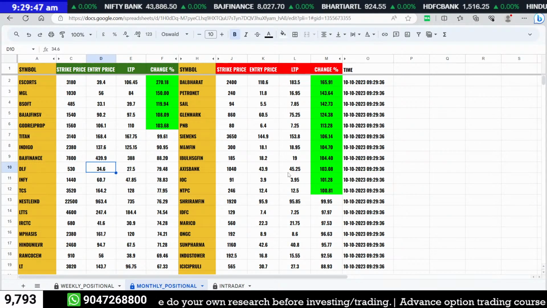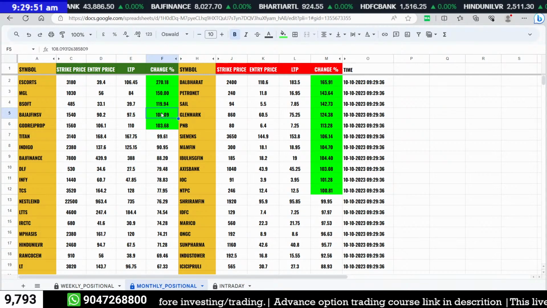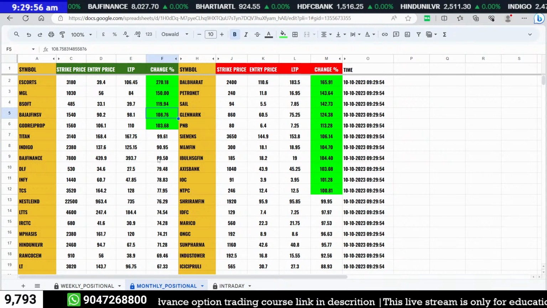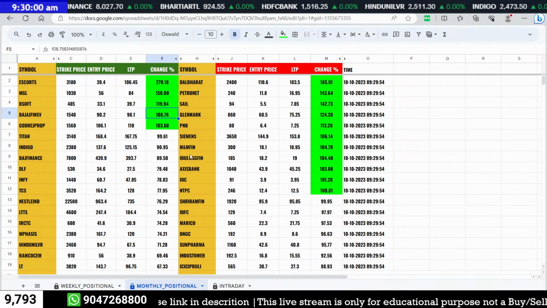So now we don't find any good opportunity at this moment. So maybe Godrej Properties and Bajaj Finserv, it's a monthly positional which triggered. So if you are following our advanced option strategy, you can plan with either a hedged one or a naked one, which you can plan based on our strategy.